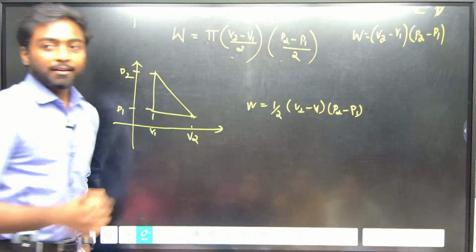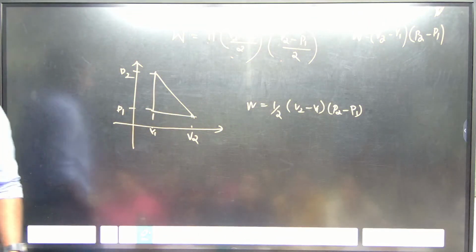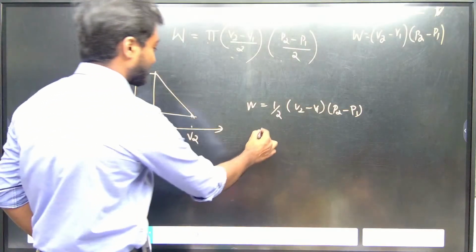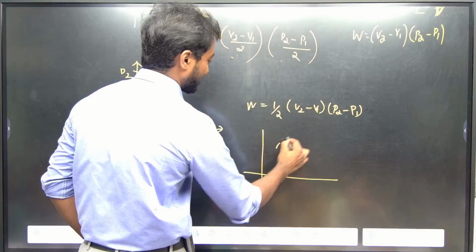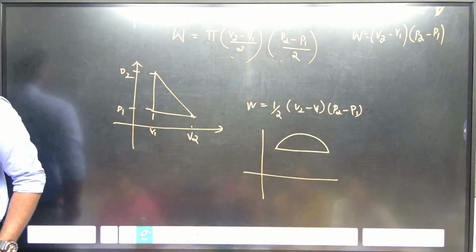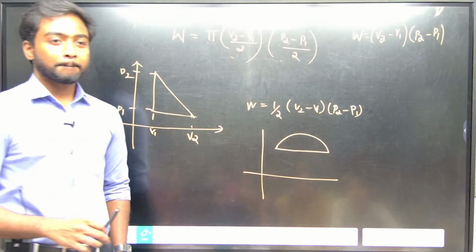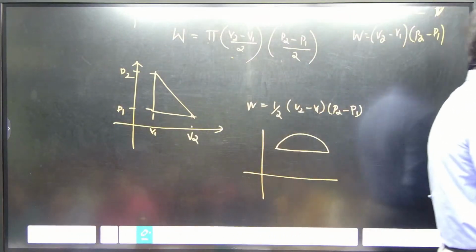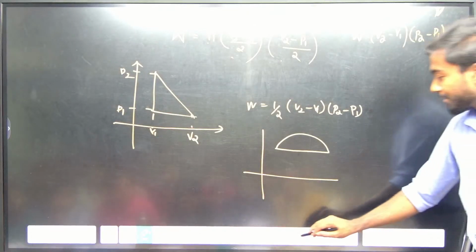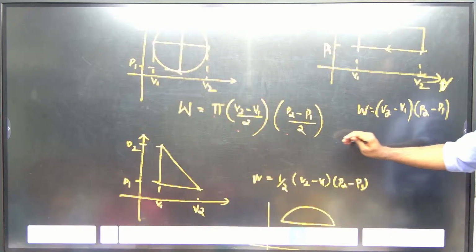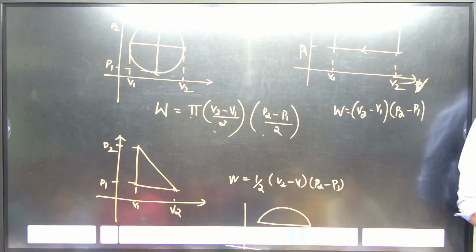Okay, this is fine. Then we talk about the semicircle. What will be the thing? Semicircle. Think. First you complete this one and think about the semicircle. Complete this first, the first three things.